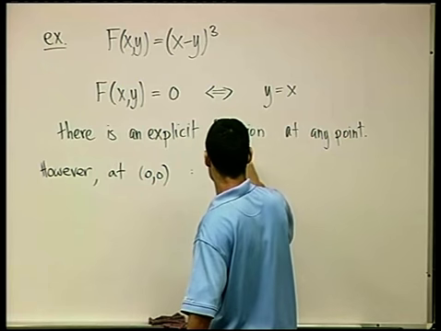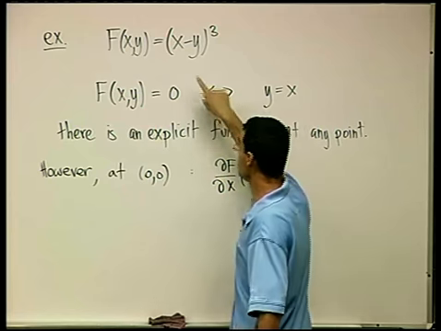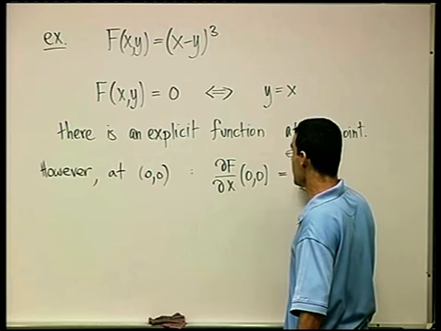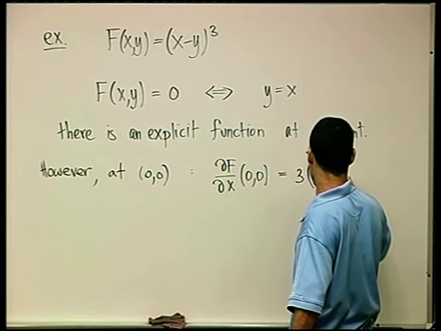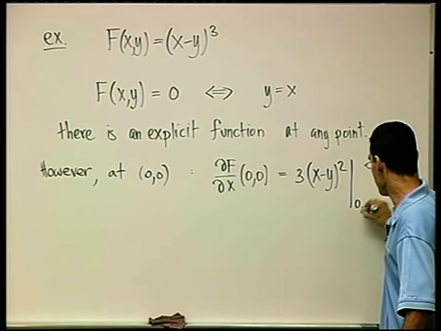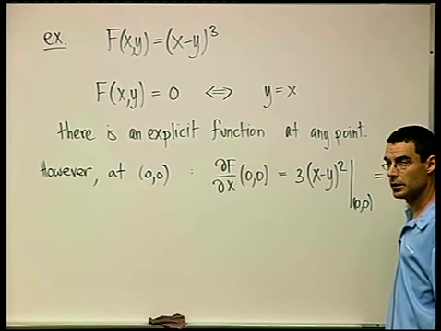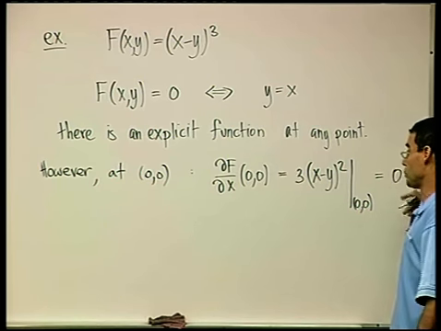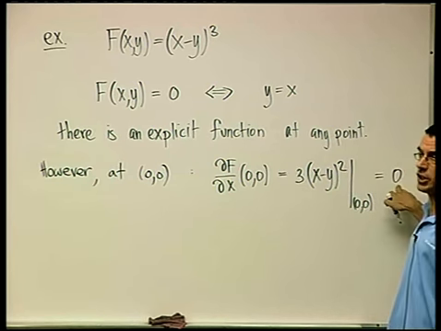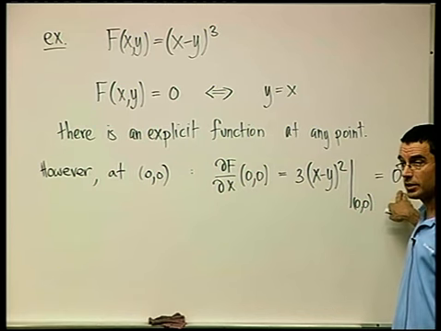What's the derivative of f with respect to x? The derivative of f with respect to x is 3 times x minus y squared times the inner derivative, which is 1. Evaluated at 0, 0, it's 0. Do you agree? So if I were to try to use the theorem to isolate x as a function of y, the only condition that I have to verify would fail. Can't do it. The theorem doesn't guarantee anything.